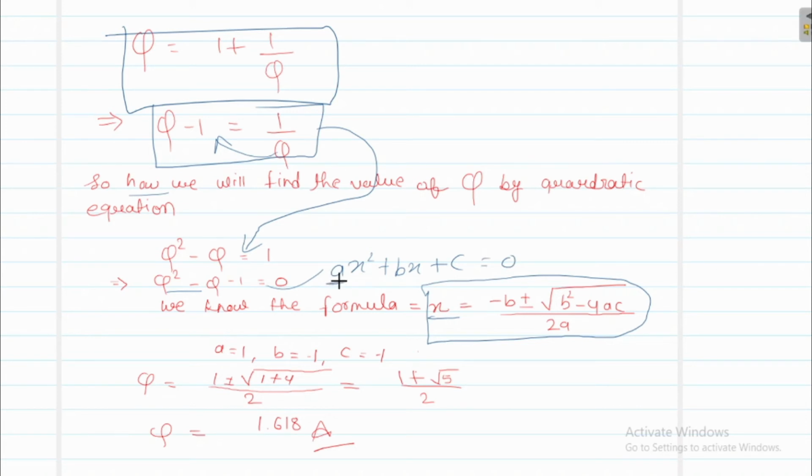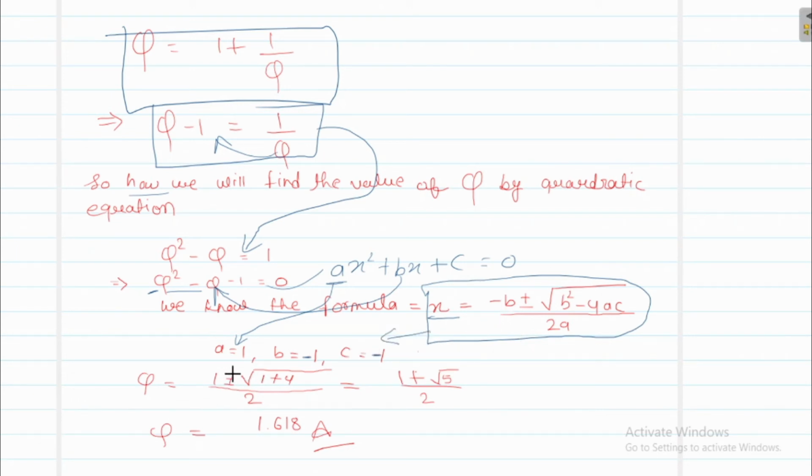So we find the value of a is equal to 1, because the sign is positive and the multiple is 1, and the value of b is equal to minus 1, and the value of c is equal to minus 1 also. So phi is equal to, we will put all the values in the formula.